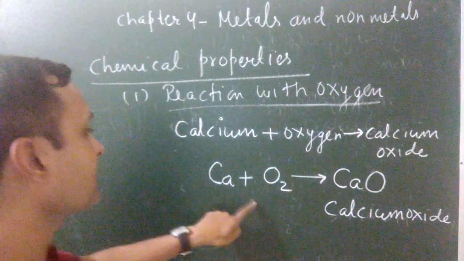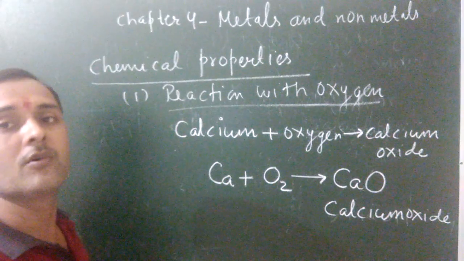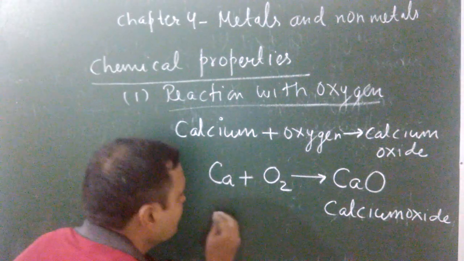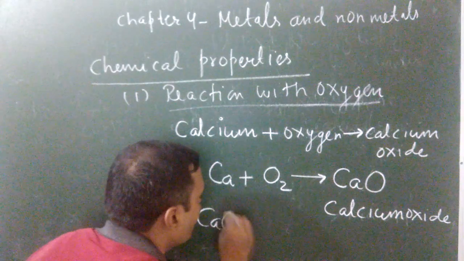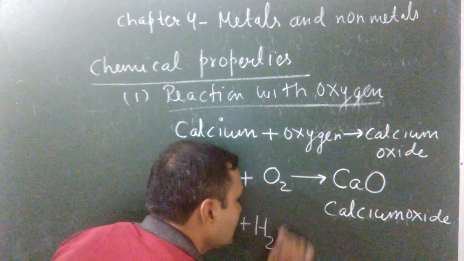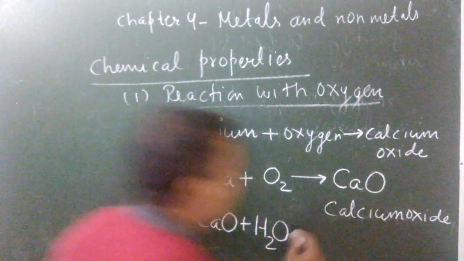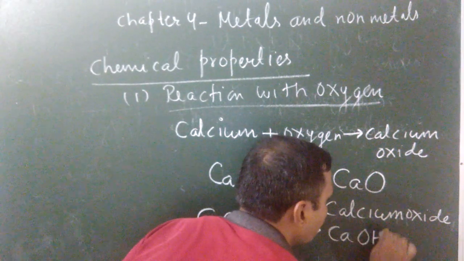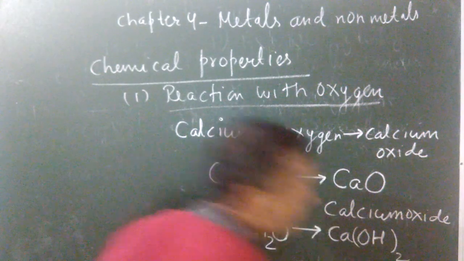When this calcium oxide combines with water, it forms calcium hydroxide, that means a base. So again, CaO, that means calcium oxide, plus water, that is H2O, gives a base, that is calcium hydroxide, Ca(OH)2.